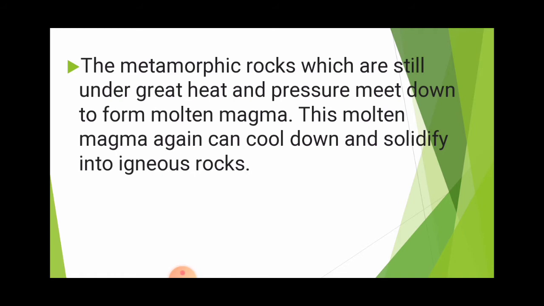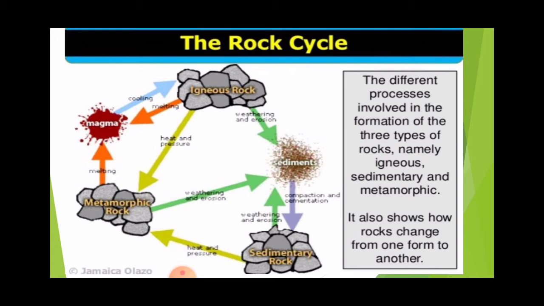This is how the igneous rocks are formed, then how they change to sedimentary or metamorphic rocks. This diagram you can draw in your copies so that in case of revision you can easily go through it.